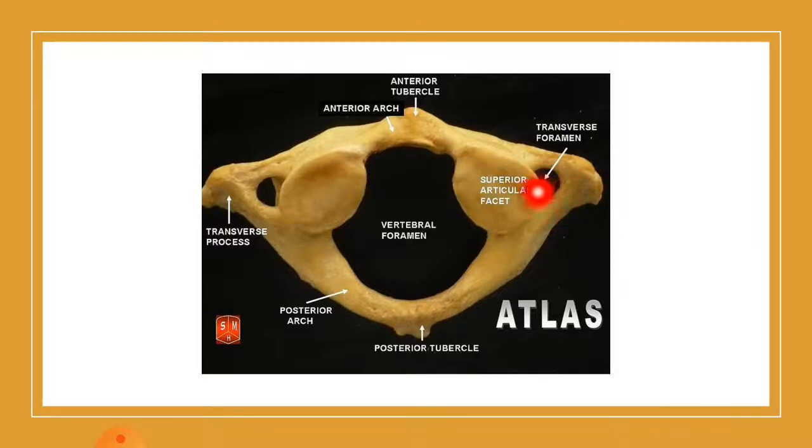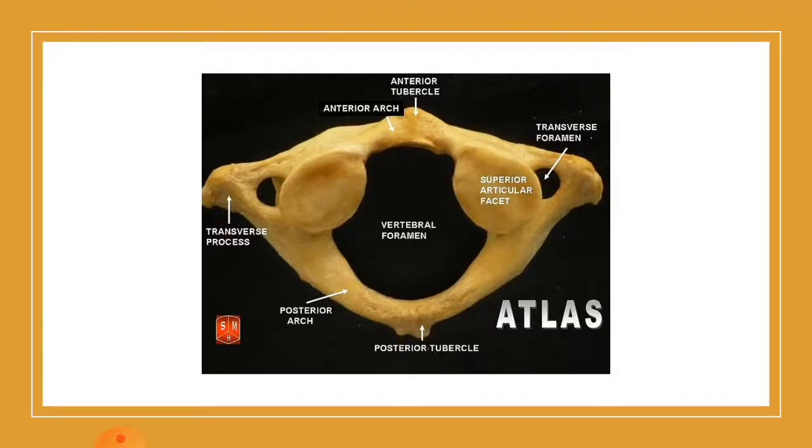It also contains a transverse foramen, and the important thing is that it contains two flattened facets that articulate with the occipital bone of the skull to form the condylar joints, and at this joint there will be a movement which is called the nodding movement of the head, and you will be able to move your head due to this joint. So once again, this is an atypical vertebra, and this is called the C1 vertebra.